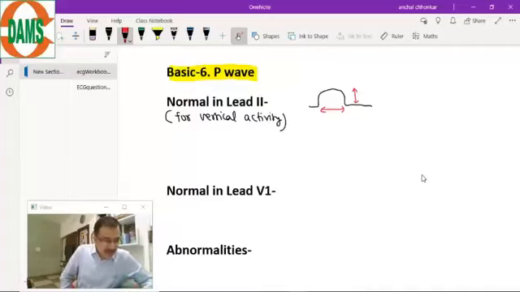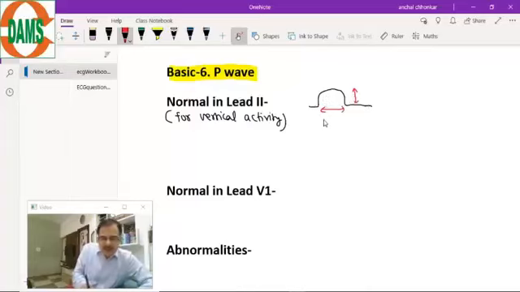Basic number 5 we will discuss tomorrow. So straight away I come to basic number 6. Basic number 6 is the P wave. Normally lead 2 is for the vertical activity of the heart.